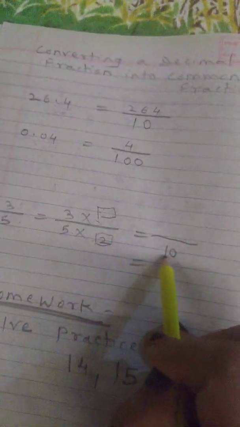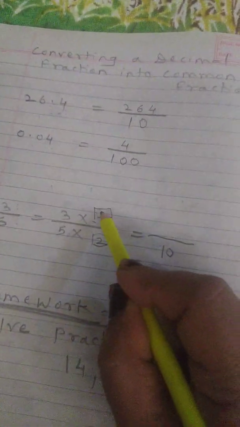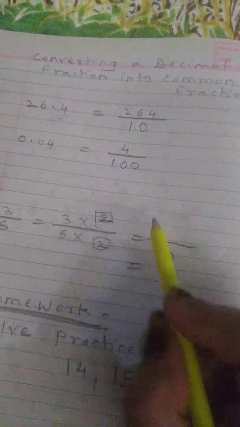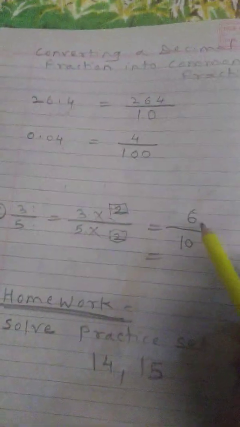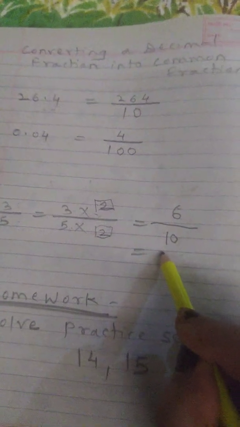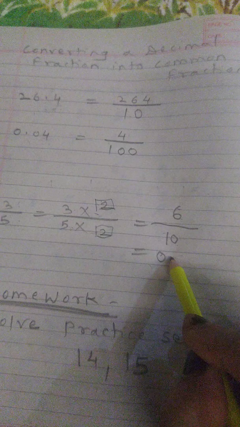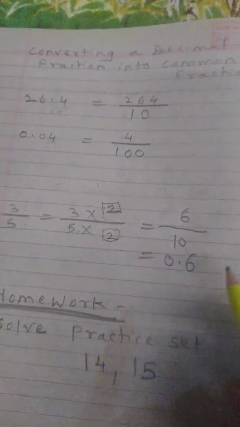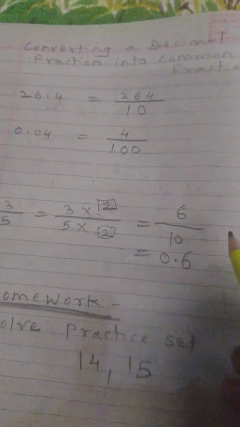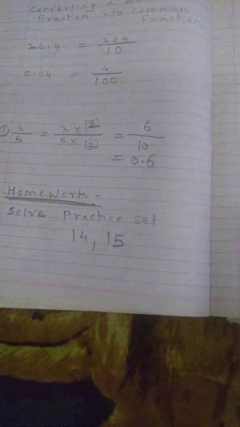Now if you multiply 2 with the denominator, that time you multiply 2 with the numerator also. So 3 2s are 6. Then what is the decimal fraction here? 3 upon 5, the fraction is 6 upon 10. Then how to write in decimal fraction? Decimal point 0.6. Here there is only 1 zero, so you give the decimal point after one digit. Like this, for homework, you solve practice set 14 and 15.